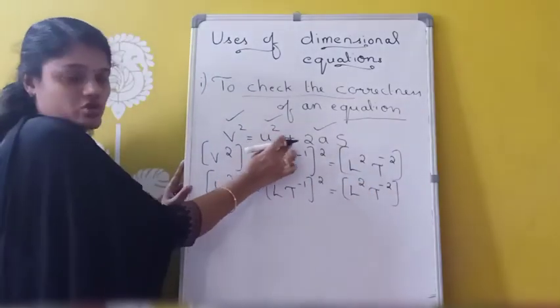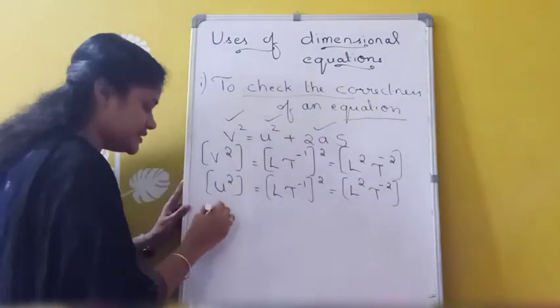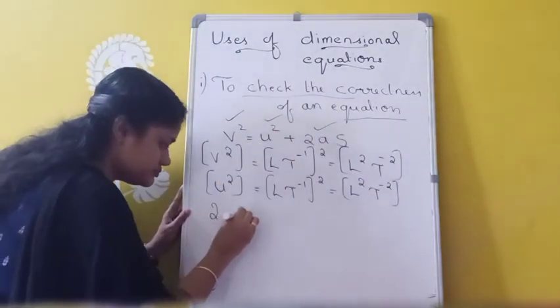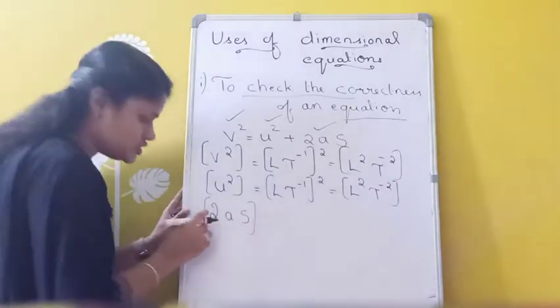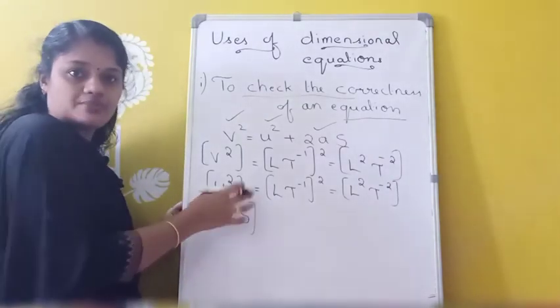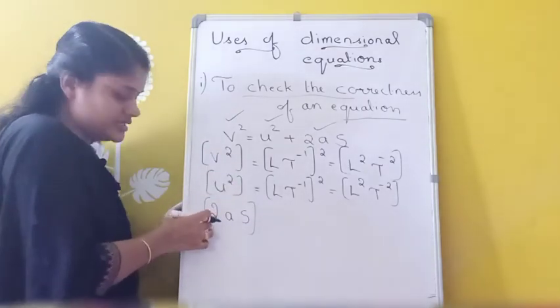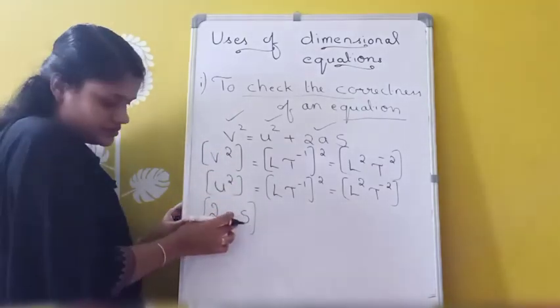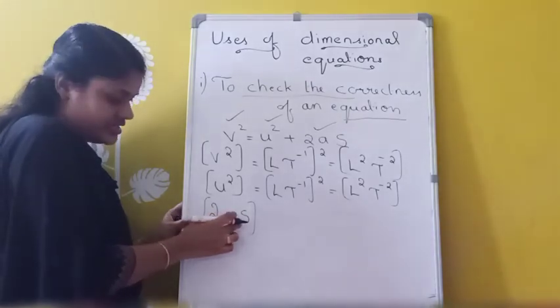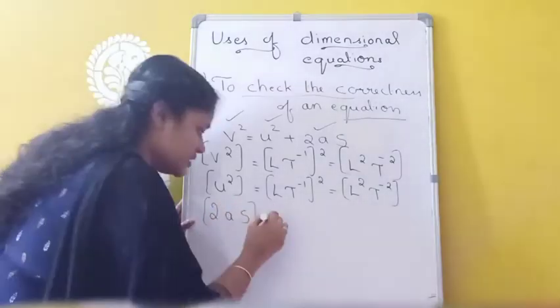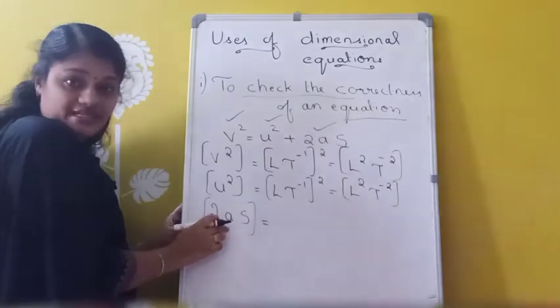Then we have one more term in this equation, 2as. Here 2 is a numerical, so this will not come in dimensions. In dimensions we are not including any numericals, so we are taking only these terms. What is a here? Acceleration, and s is the distance. What is the dimension of acceleration?